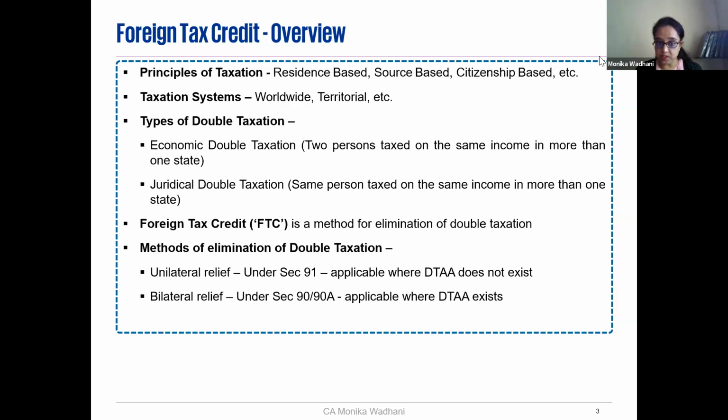As per the provisions of the Act, wherever India has entered into a DTAA with a particular country, in that case, provisions of section 90 or 90A, as the case may be, read with the respective DTAA, will govern the mechanism of foreign tax credit. Wherever India has not entered into a DTAA with a particular country, then section 91, which is a unilateral relief, will govern the mechanism of foreign tax credit.